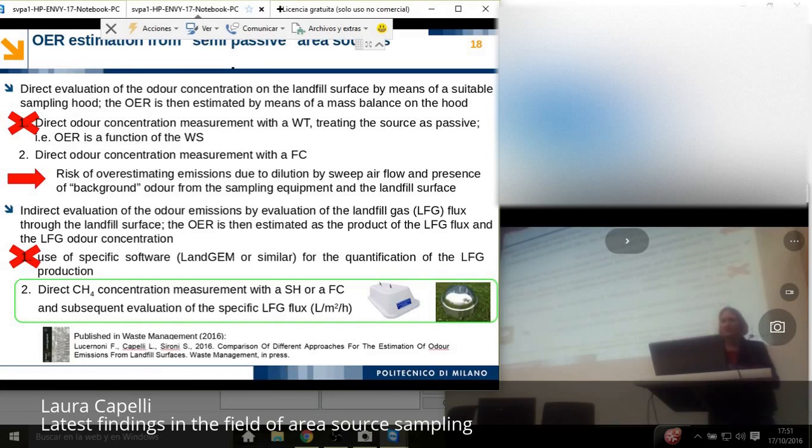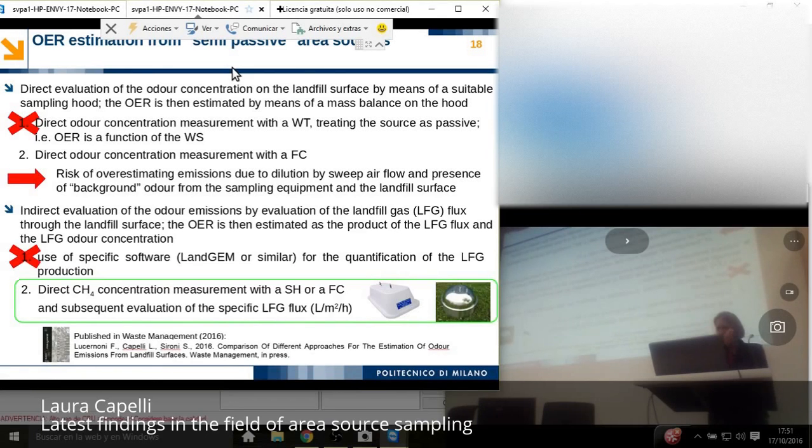So another possibility was to use flux chambers. Flux chambers are used by the US EPA in their guidelines, and they are typically flushed with lower fluxes, so maybe we thought the effect of overestimation might be more limited, and that's something we tried.